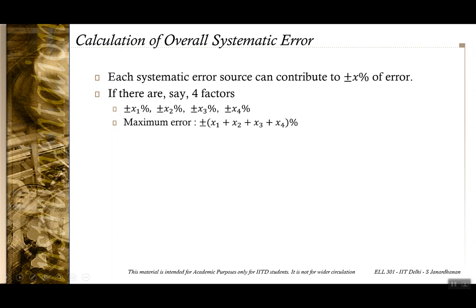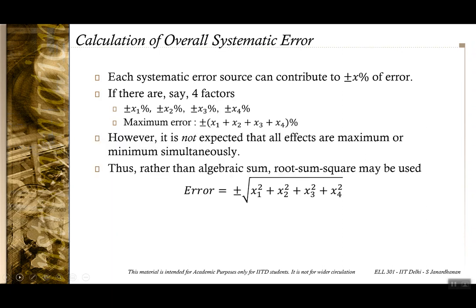But in practice, this maximum point is never reached, because all errors are not expected to go to maximum or minimum simultaneously. So in general, it's more common to use the root sum square as the overall error. So if you have 4 different factors, x1, x2, x3, x4, then the overall error is plus or minus the root of the summation of the squares of the errors.